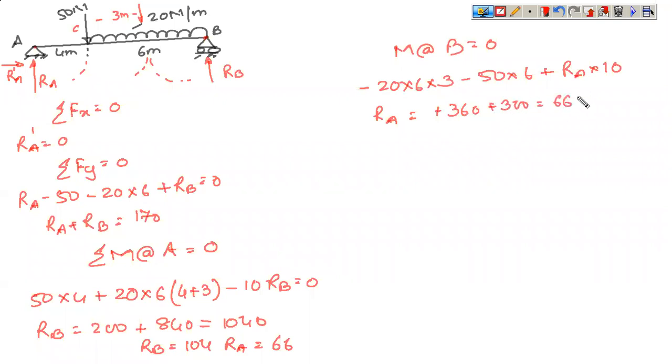So this is 660 divided by 10. So you have RA is equal to 66. So obviously RB is equal to 104. So you will be getting the same answers irrespective of which specific position you have chosen to take the moment from.